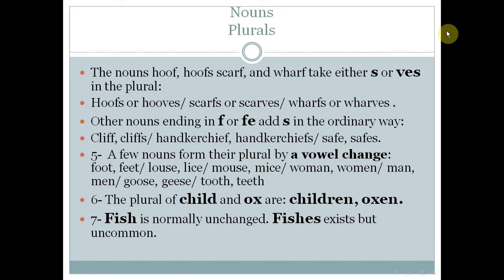Tooth, one tooth. Thirty-two feet. So here in point number 5, a few nouns form their plural by a vowel change.